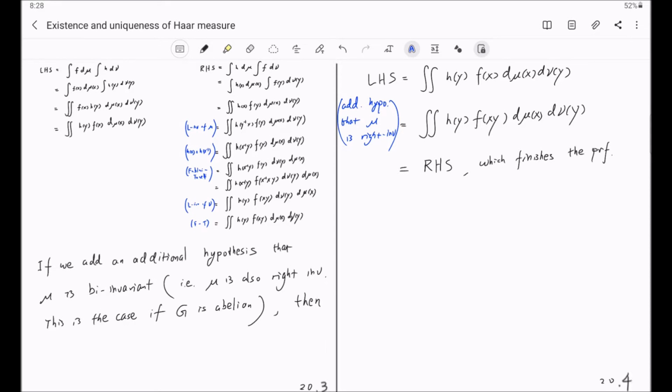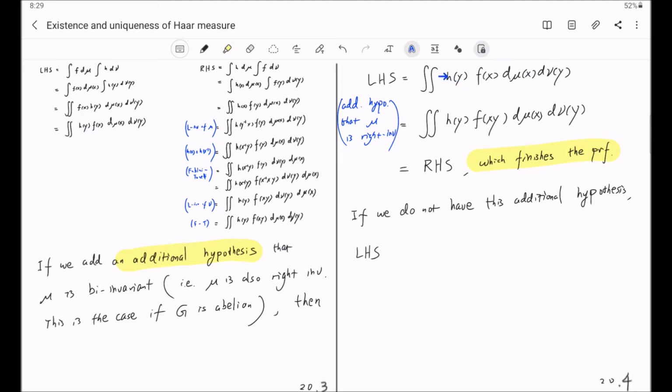But what can we do without this additional hypothesis? If we do not have this additional hypothesis, we can do the following. Let us do one more step to the left-hand side.